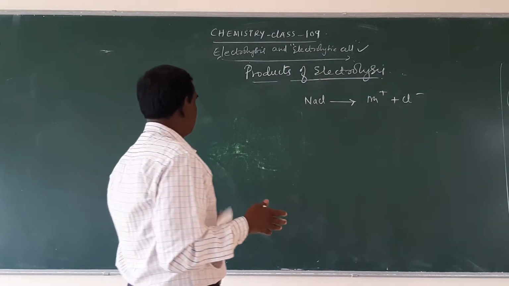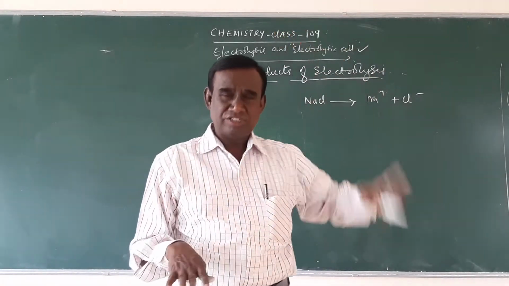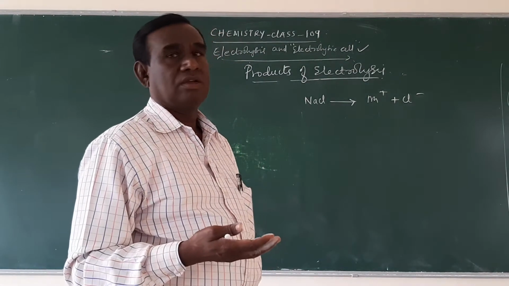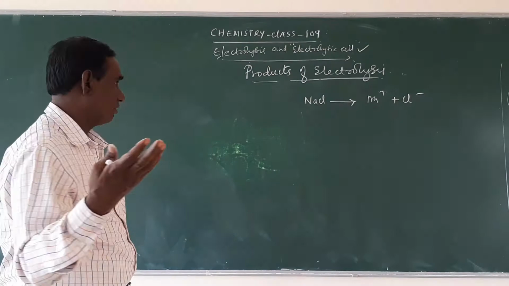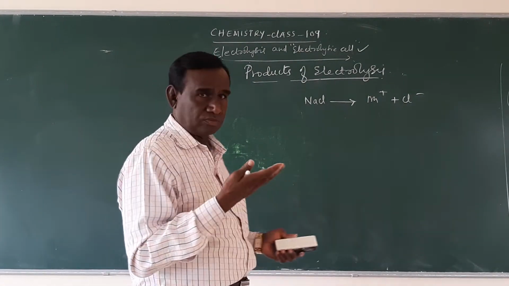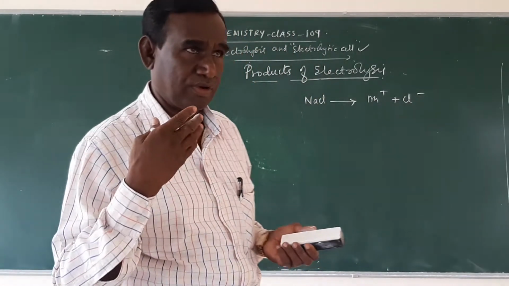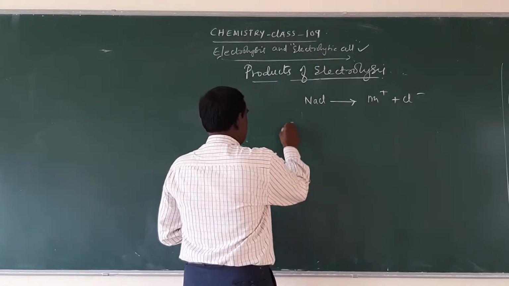So the products of electrolysis depend upon the material to be electrolyzed, which type of electrolyte is to be taken, and also upon the type of material which is used.